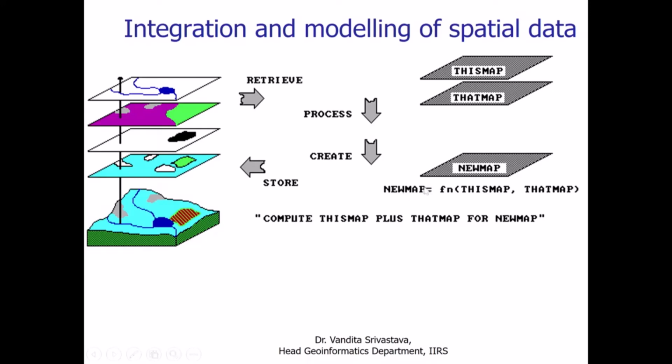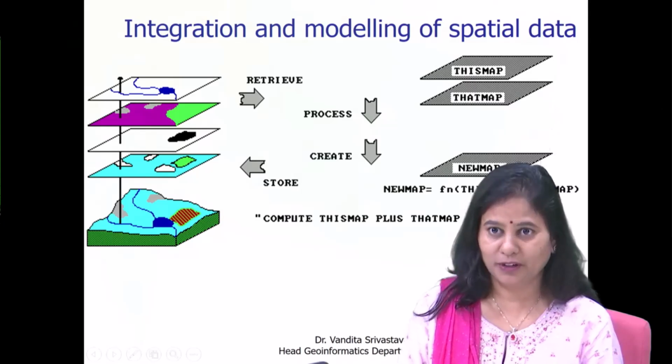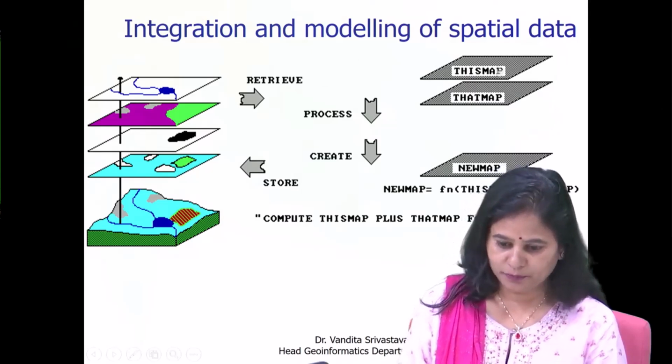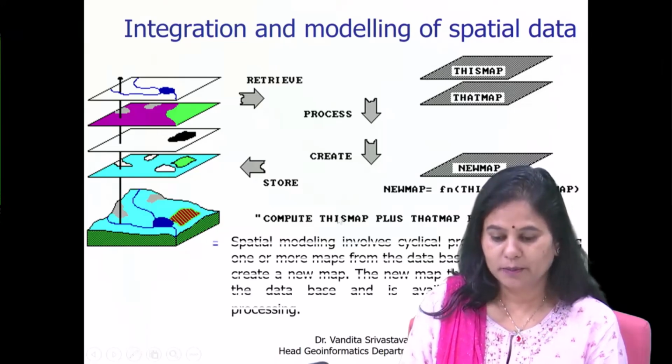This new map is a function of these layers, this map and that map, and then you process it in a cyclic manner to create another new map, which again becomes part of your data set for creating another new map. So you compute this map plus that map for a new map, and then make it a part of another new map.